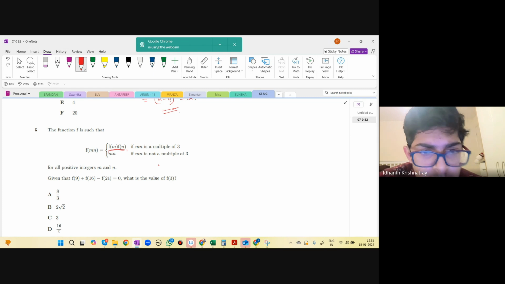Look at the first one. f of mn is fm into fn if mn is a multiple of 3. Now look at f9. 9 is a multiple of 3, so this will be f3 into f3, which is f3 square.